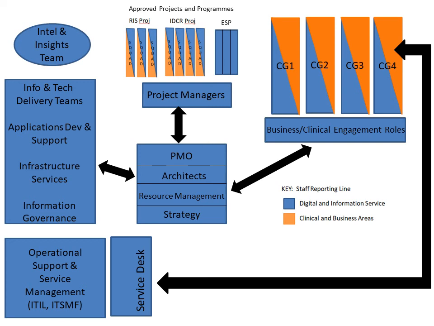So that, in essence, is a quick run-through of what our target operating model is going to be about. I'm open to questions and discussion about this, but it does involve quite a bit of change. If we manage to secure money, we will potentially need to bring in some expertise to help us develop our capabilities.